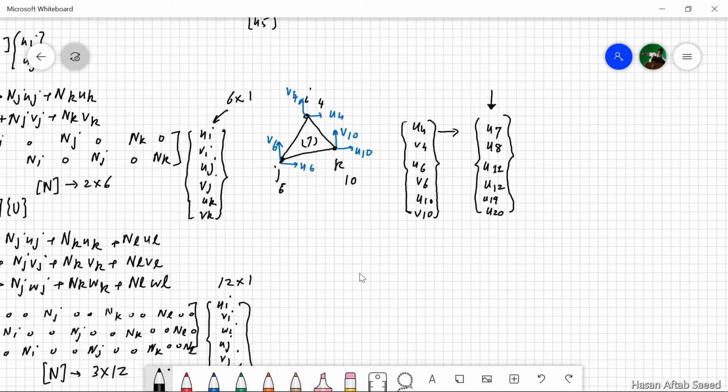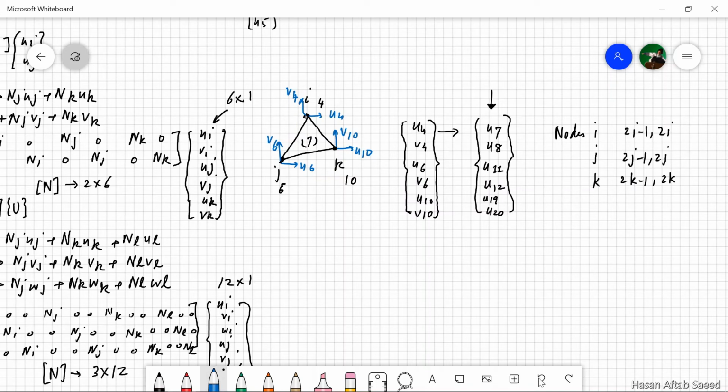Now, there's a formula that gives us these degrees of freedom according to the alternate notation without having to count the number of occupied degrees of freedom in the system. And that is: nodes I, J, and K occupy degrees of freedom 2i minus 1, 2i, 2j minus 1, 2j, 2k minus 1, 2k. Let's check one of these.